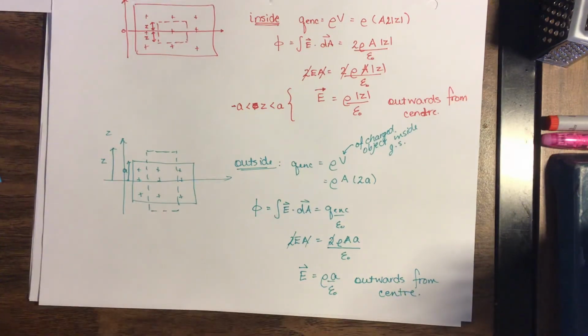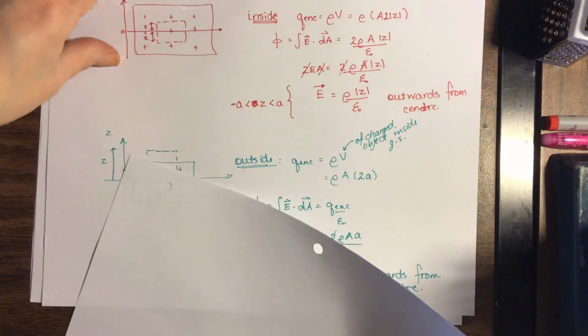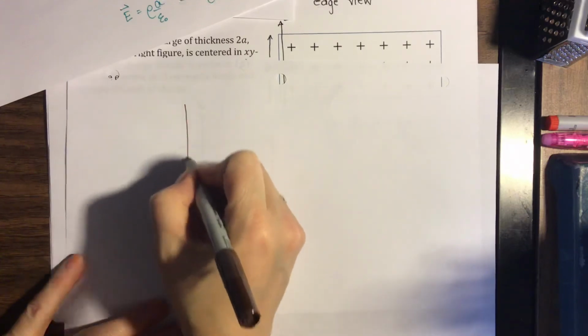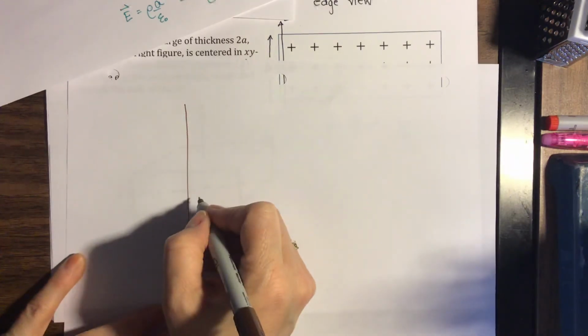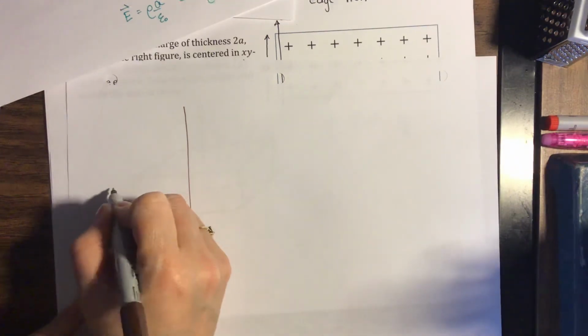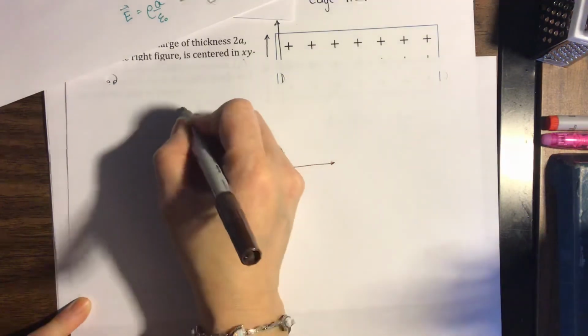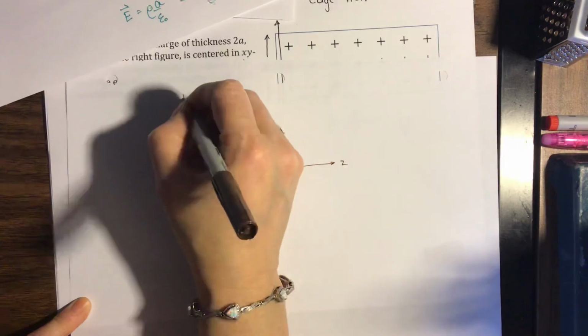And then last, we weren't asked to, but we might wish to make a graph of this electric field. If we were going to plot the electric field, we would plot it as a function of z, so it's a function of our distance from the center. So there's z, there's the electric field.